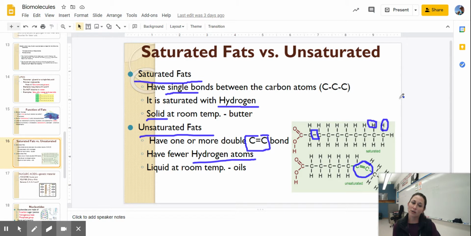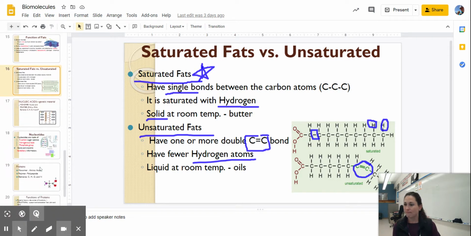Which one do you think gives you more energy? If energy comes from carbon-hydrogen bonds, would saturated fats or unsaturated fats actually give you more energy? If you answered saturated fats, you're absolutely right. And that's why a lot of diets will have you using oils as opposed to solid fats in your recipes.